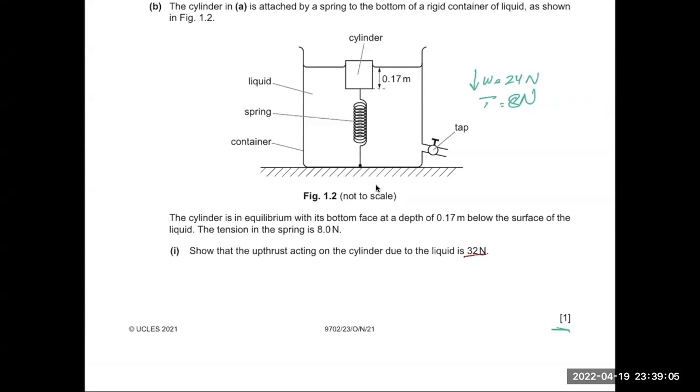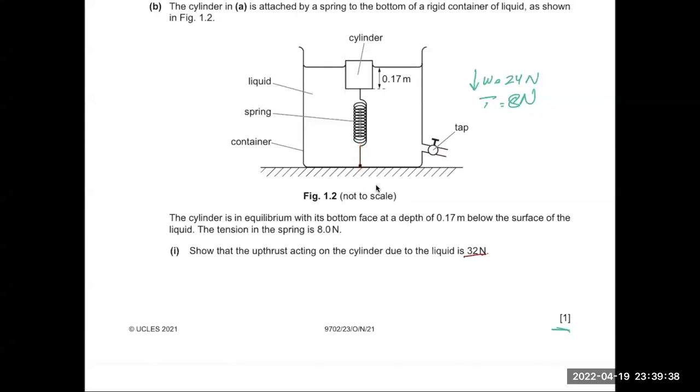Now, even if you're stuck here, you can see that these two forces, when you add them up, give you 32 newtons. Where will the direction of the tension be acting? Now, tension in the spring causes the cylinder to be pulled downwards. The same tension causes a downward 8 Newton force, and for the base, the base experiences an upward force.